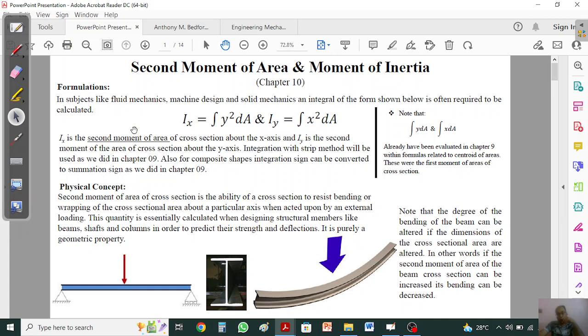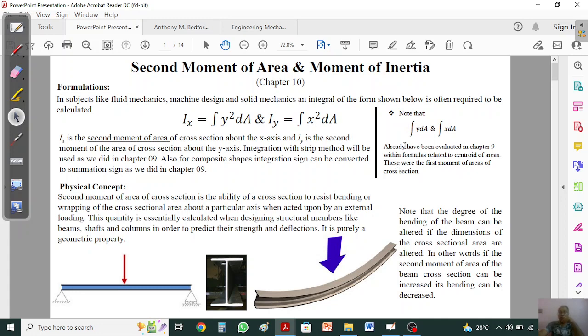Now the first question that will arise in all of our minds is why we call it second moment of area. The answer lies in chapter 9, which we have finished. Remember when we used to find the y coordinate of any composite or component, we used y bar equals integral of y tilde dA divided by integral of dA.